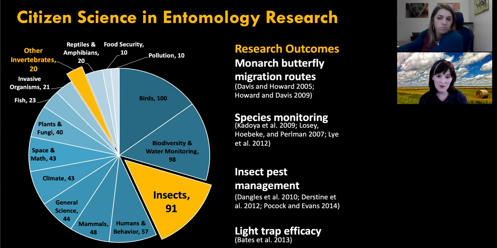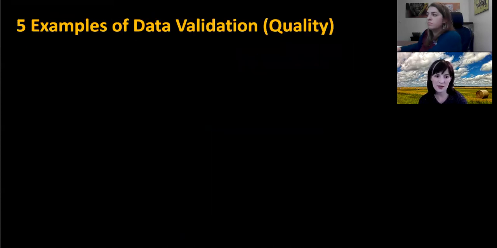There was a small team tracking monarch butterflies, and there's no way realistically that a research team could collect data across the continent. So they had ways of checking their data, where they were able to tag and map out the transcontinental migratory route of a species. So there's a lot of value in quality data from citizen science.